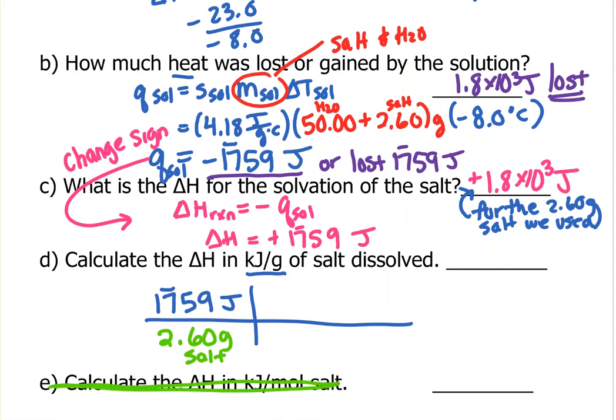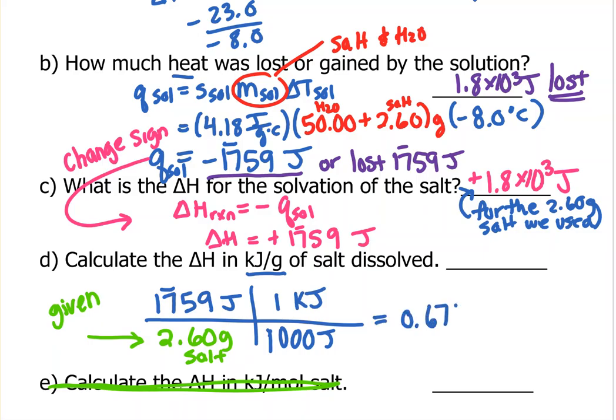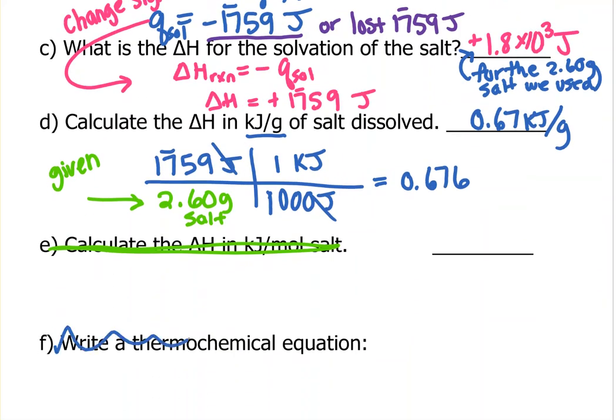By the way, this was given, the amount of salt that we dissolved goes there. So that's the tricky part. Then we can go from joules to kilojoules. Okay, and if you have these, those are old, let's get rid of those. You may not have them, depending on what class you're in. And that's it.